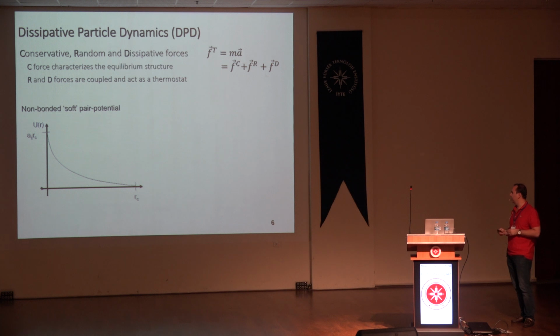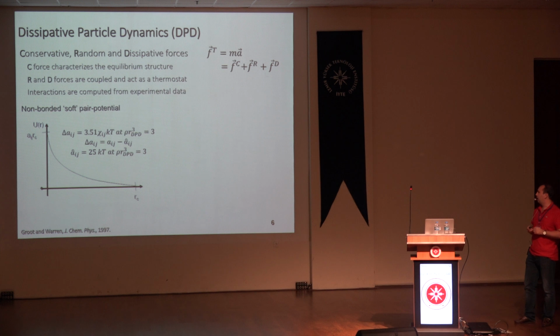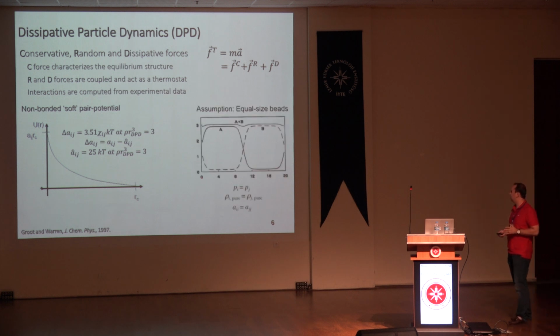Some years ago, Groot and Warren in '97 came up with the idea to parameterize these pairwise interactions by adopting parameters from experiments, in this case the Flory-Huggins chi parameter, and they nicely established a linear relationship between the DPD parameters A and the experimental parameter chi. What is valid in this conventional DPD is the assumption of equal-size beads.